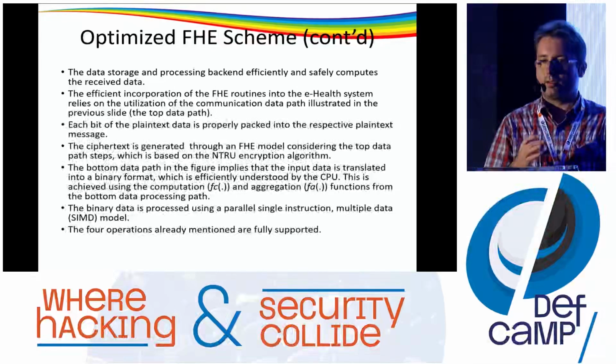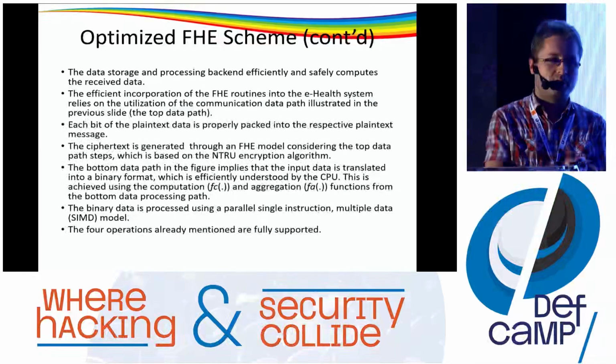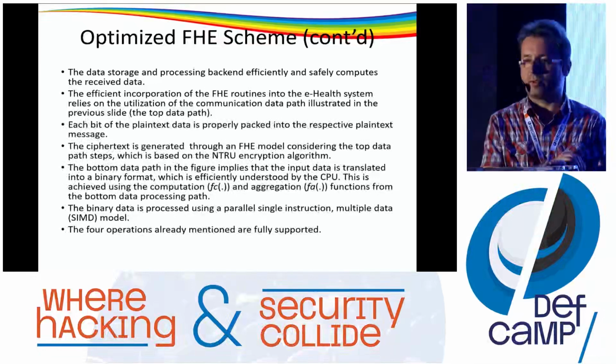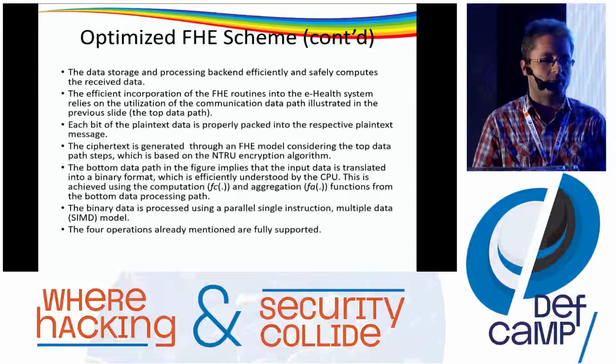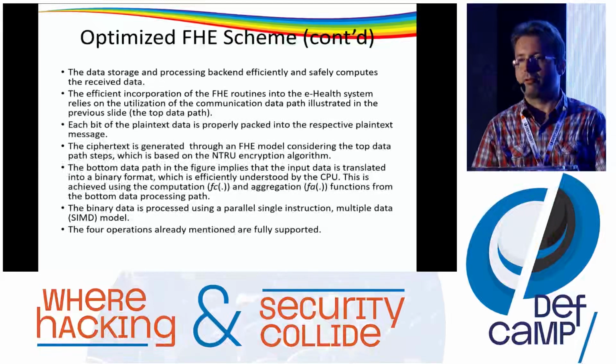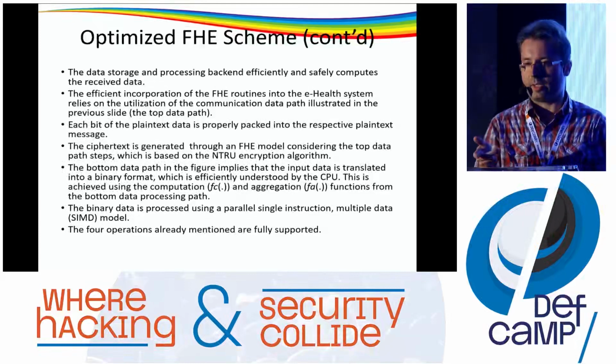Then, when, let's say, a user wants to know, according to the data which his wearable collects, am I suffering from the delayed repolarization syndrome? He sends a request to the backend.